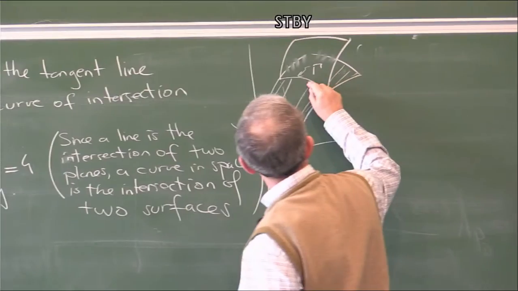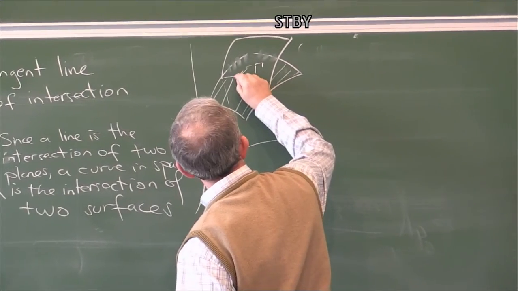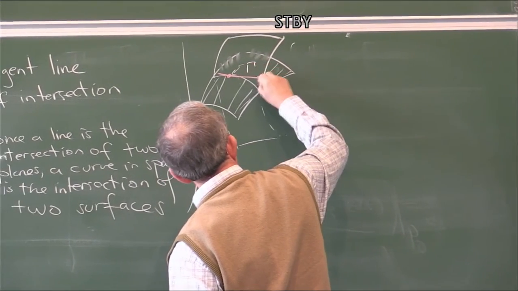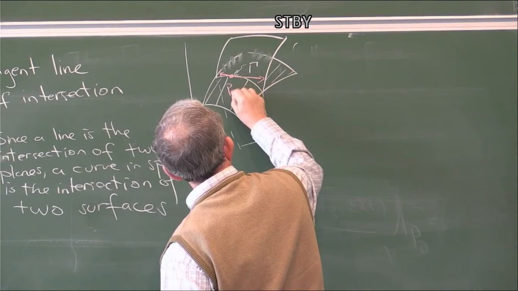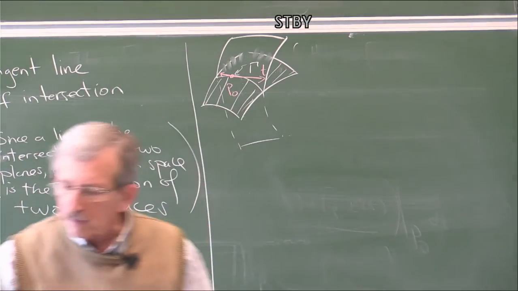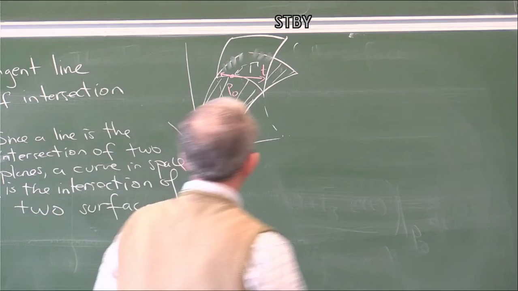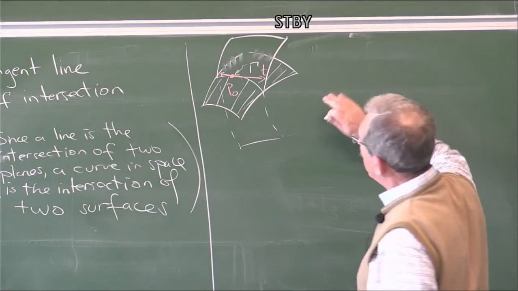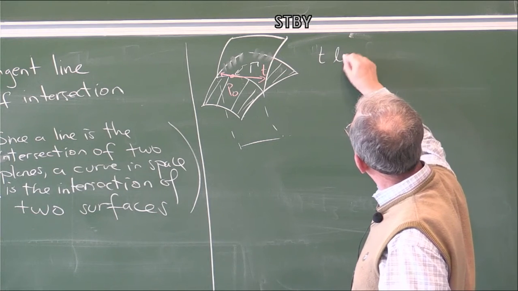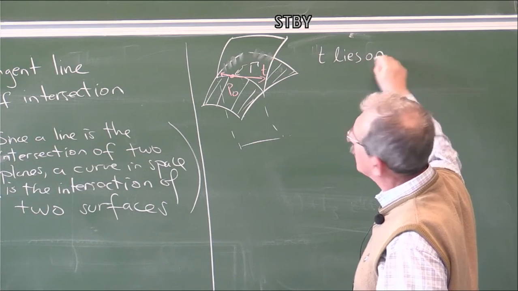So let me show this with a point, P0, and call this the tangent line T. Now, by the very observation we had at first, T lies on the first surface.